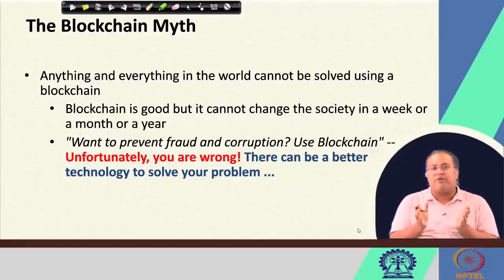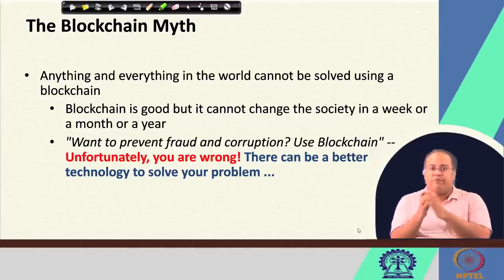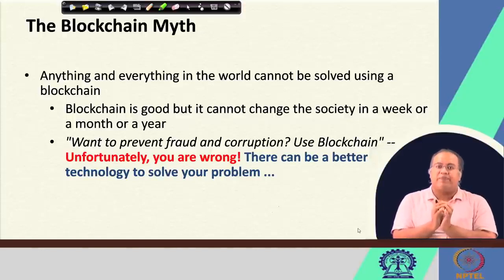It is not like you can invent a technology and there is no shortcoming of that technology, so that it can only provide the good. That will never happen. From that perspective, you should always keep in mind the trade-off: what is the good thing about blockchain and at the same time what are the bad things in blockchain. Both the pros and the cons you should keep in mind, and accordingly analyze this trade-off to understand whether blockchain can be the best technology to solve your problem.